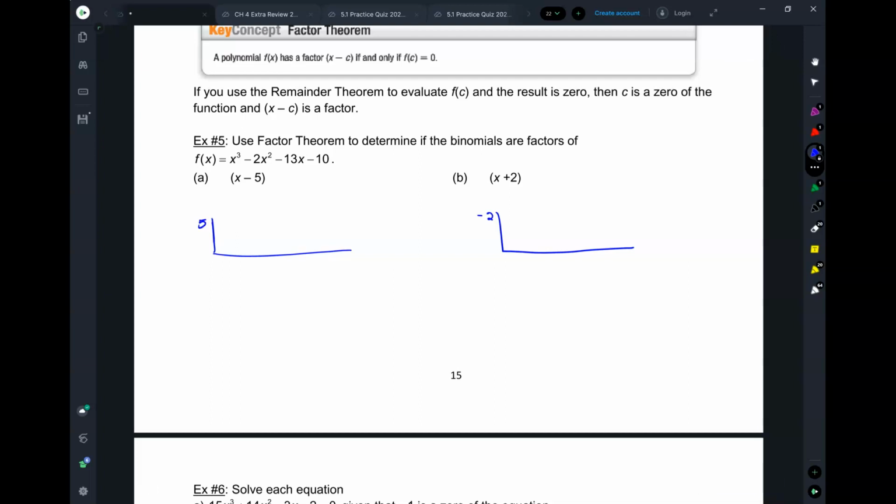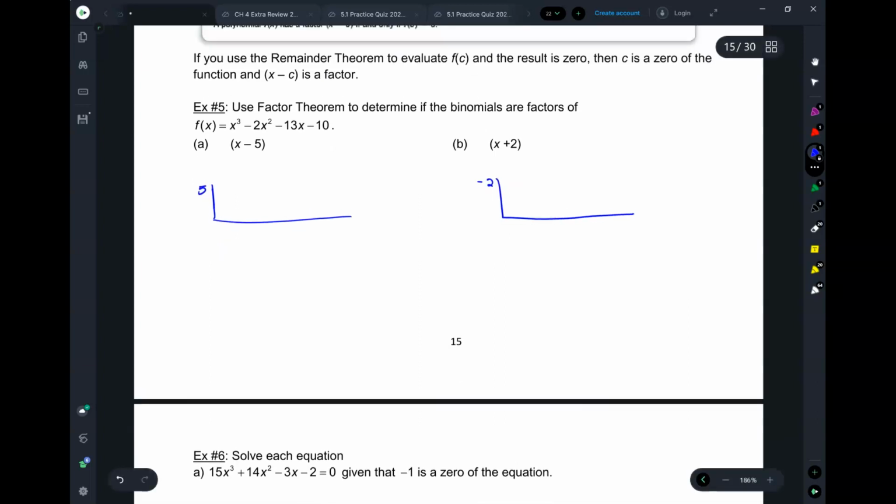I'll give you guys 2 minutes to do that. So they are both factors. All right?